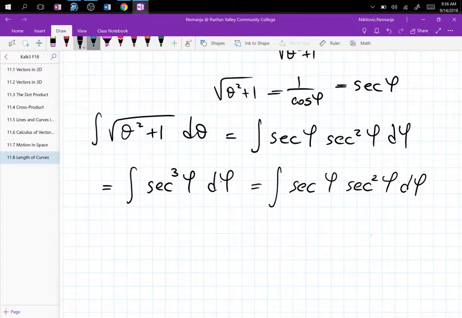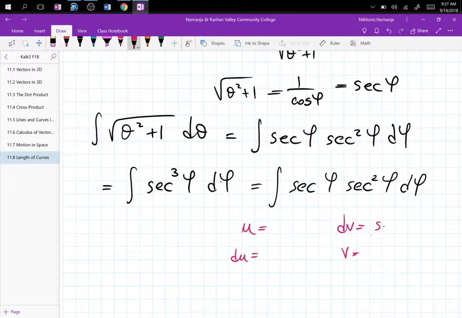Now you use your by parts. You have your u and your dv, and then you will have du and v. What is it that you can integrate here? Secant squared. The integral of secant squared is tangent, because the derivative of tangent is secant squared.